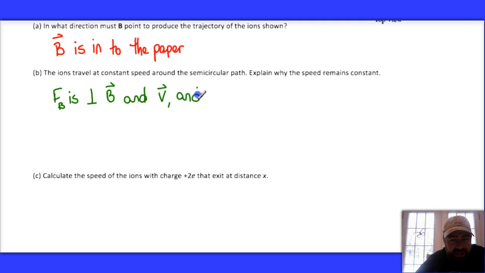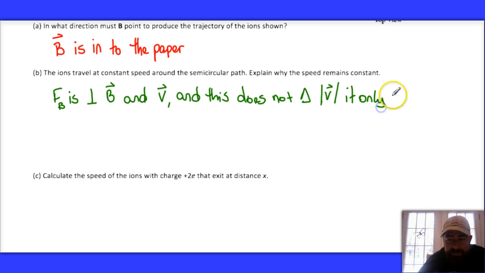And this does not change. So therefore, it doesn't change the magnitude of velocity. It only changes its direction. All right, so that's my shorthand response to part B of that question.